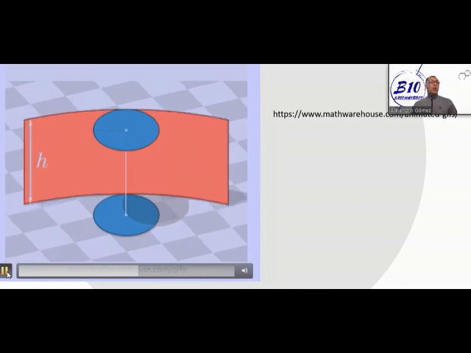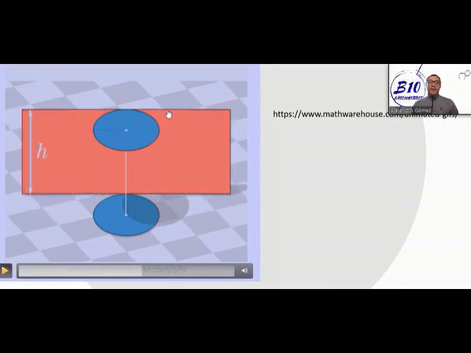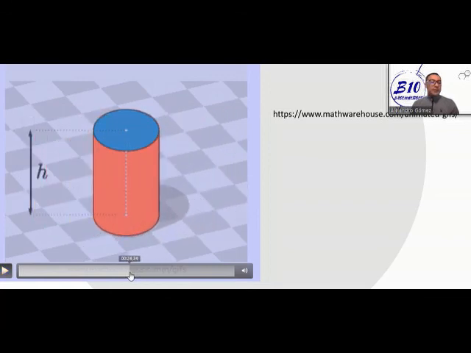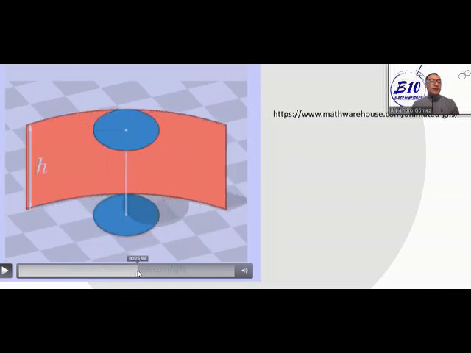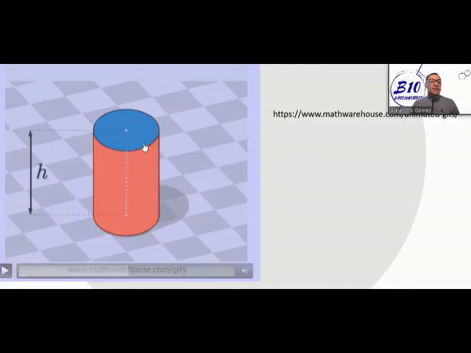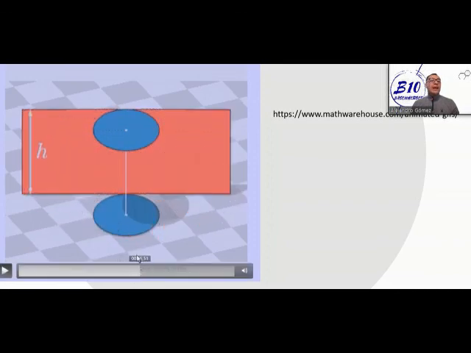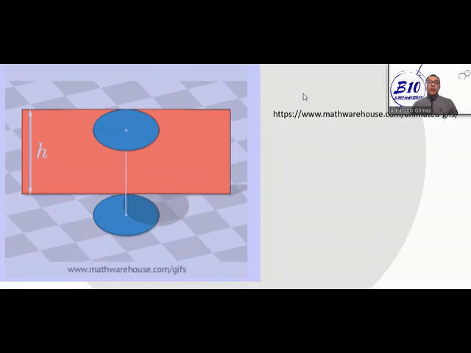Well, because when you open it, this width happens to be the circumference of the circle. You see the connection? It's beautiful. So you open this curved face, and you can tell that this distance, which is the circumference, is actually the width of our rectangle. So we can calculate it just knowing the radius of our circle.